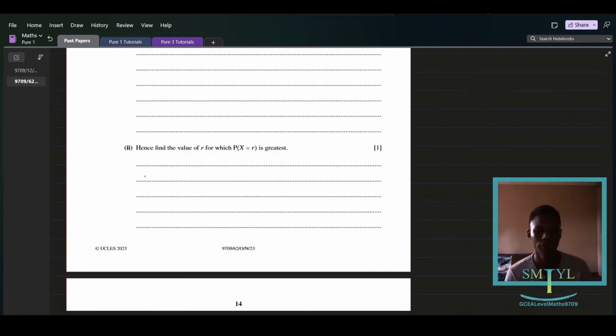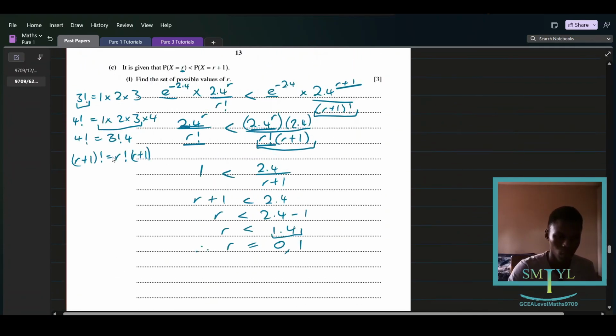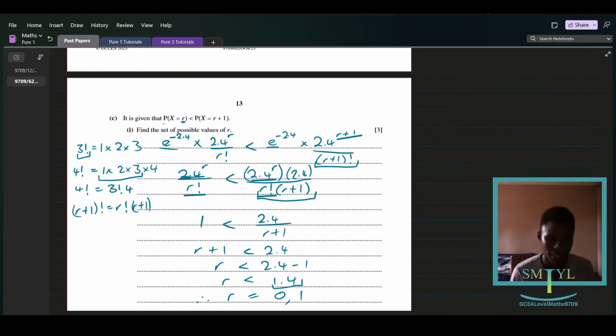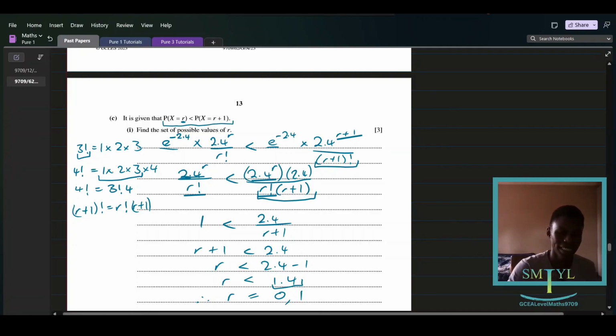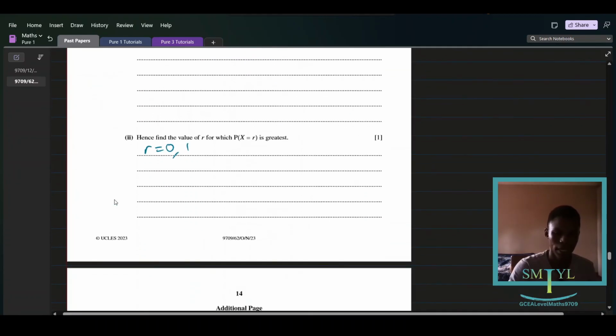Part 2. Hence find the value of r for which the probability that X equals r is greatest. Okay, so we know that our values are r is equal to 0 and 1. And from part 1, we were given that the probability that X is equal to r is less than the probability that X is equal to r plus 1.